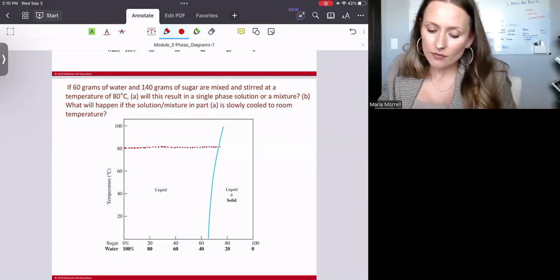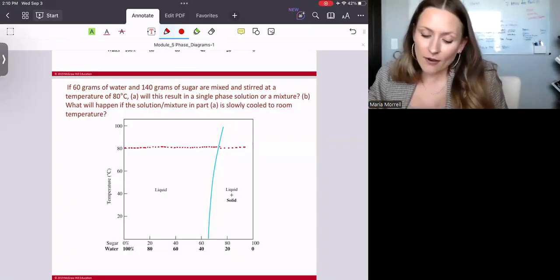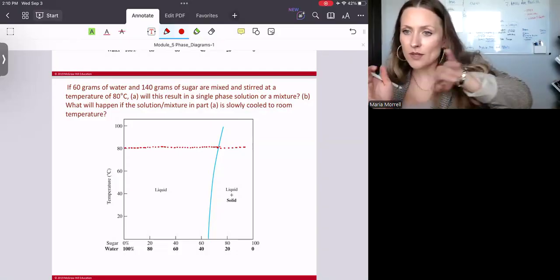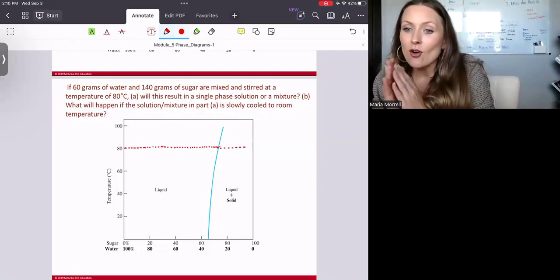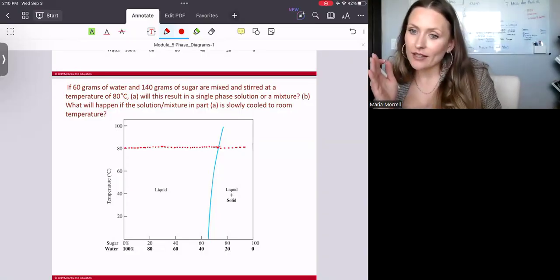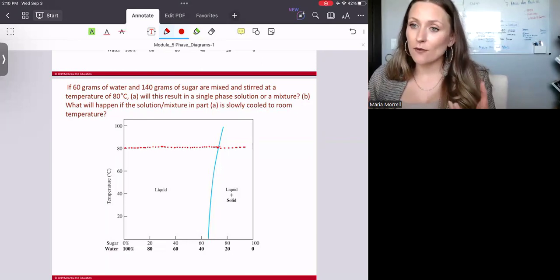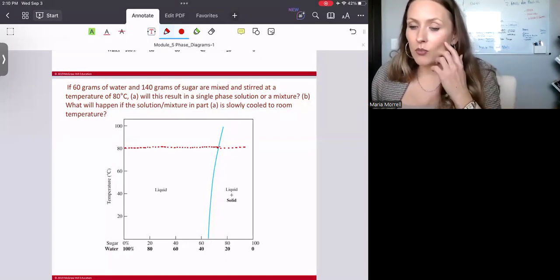Depending where I am, if I am to the left of this point, then I'm going to have liquid. But if I cross that line, then I'm going to have liquid and some sugary crystals falling out of the solution. So I basically need to find out my composition.